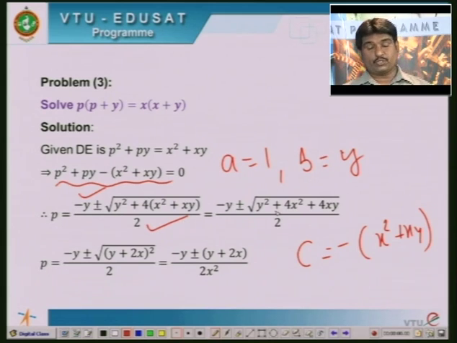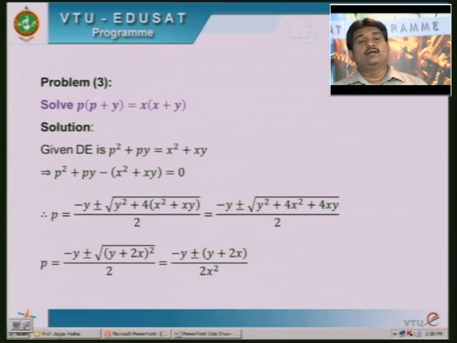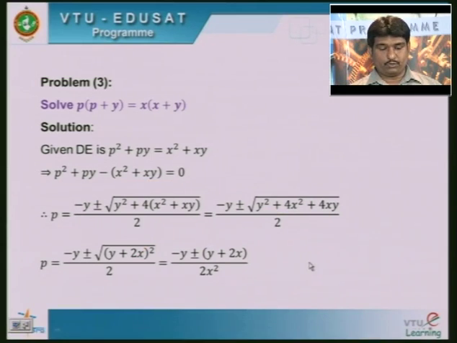Simplify this, y square plus 4x square plus 4xy. This is nothing but a plus b whole square type. So, it is y plus 2x the whole square, and root of y plus 2x the whole square is just y plus 2x. So, p is minus y plus 2x divided by 2, and minus y minus of y plus 2x divided by 2.